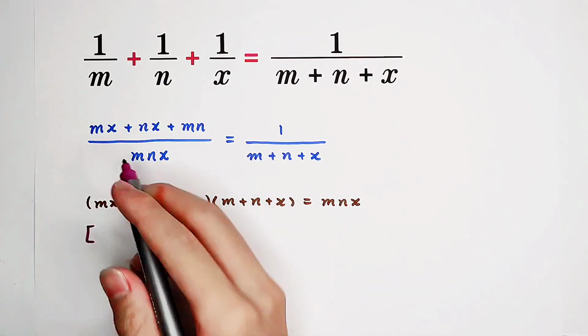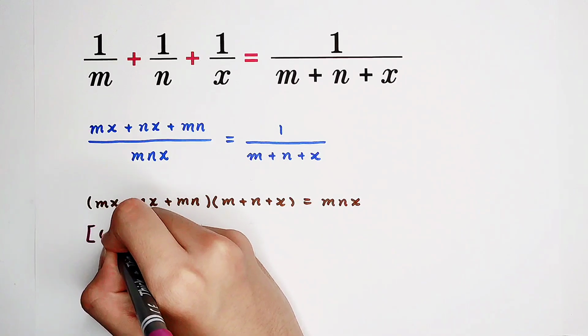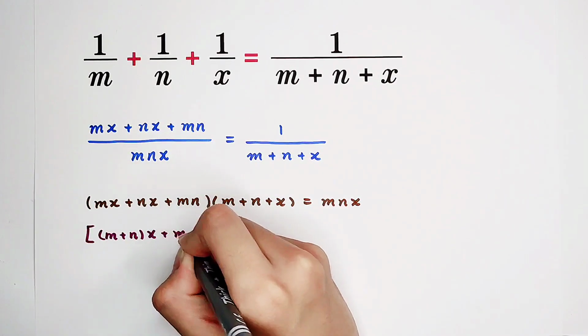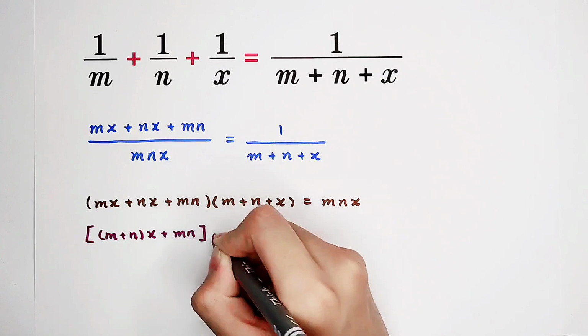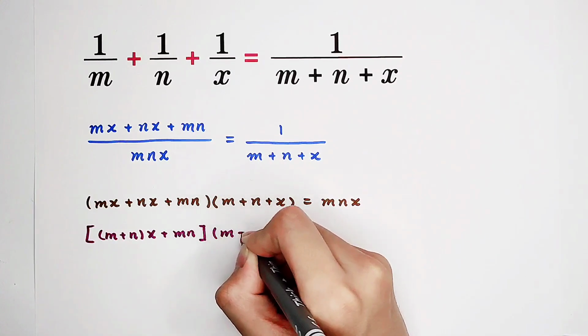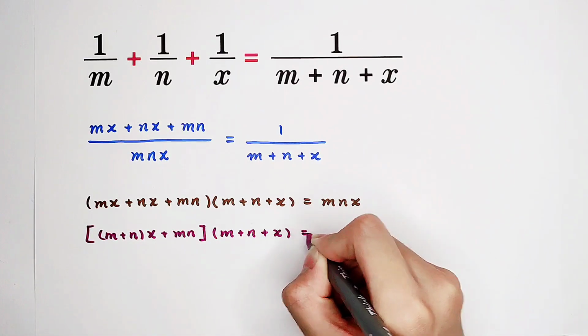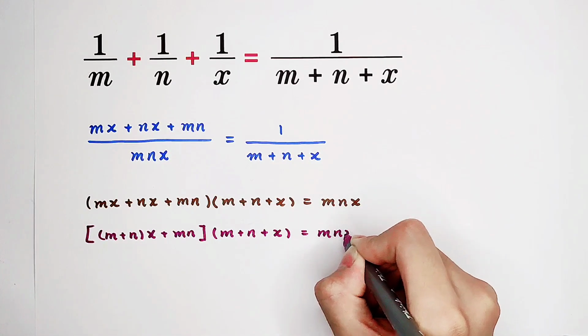Here we can take out an x. It is (m + n) times x plus m n, and then times (m + n + x). Here is m n x.